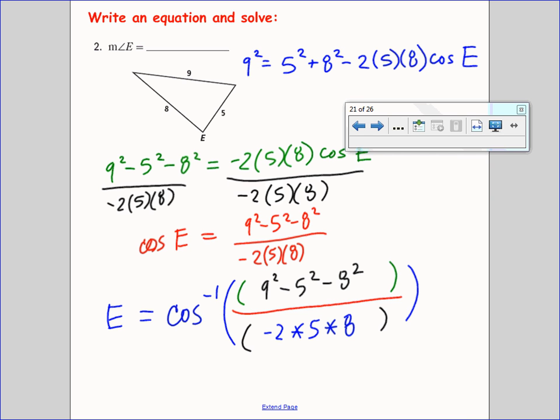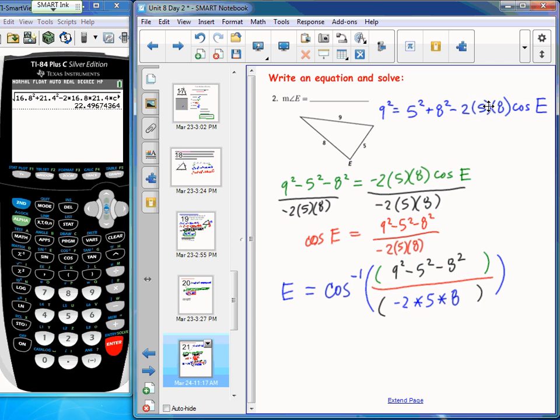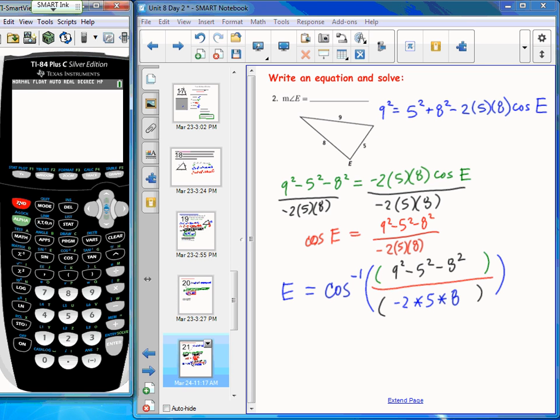That's fine. I just don't want you to make a mistake with your order of operations and your second answer. So I'm going to do a single line entry. I'm going to do one entry here. I'm going to do the inverse cosine of, and I'm going to open up my numerator. My numerator is 9 squared minus 5 squared minus 8 squared. And I'm going to close my numerator.